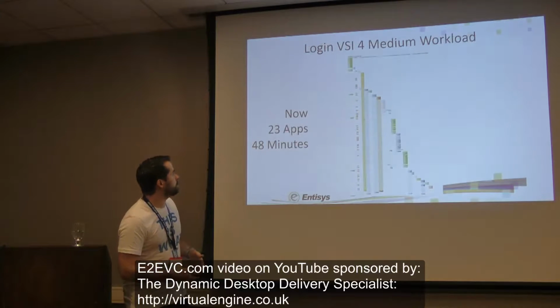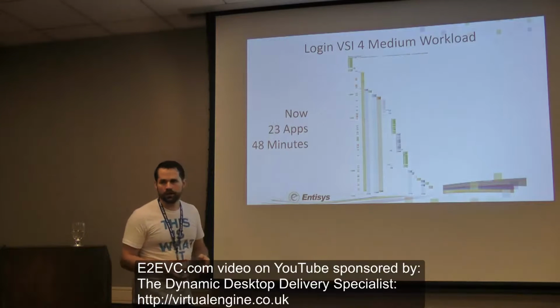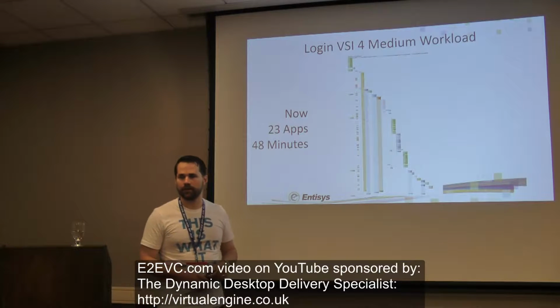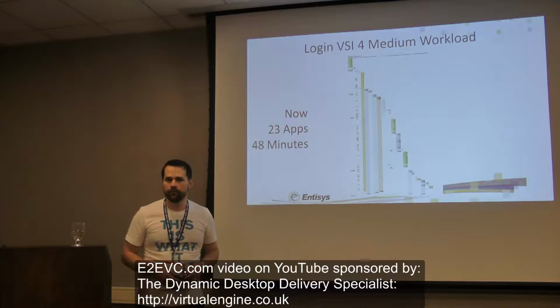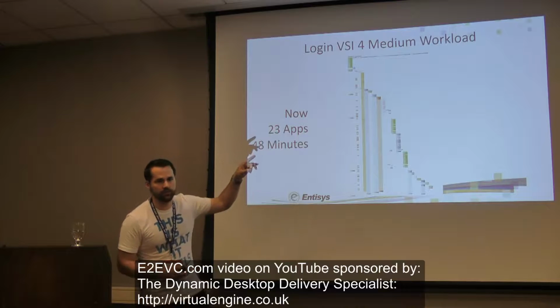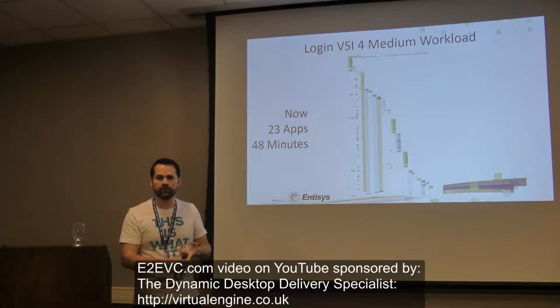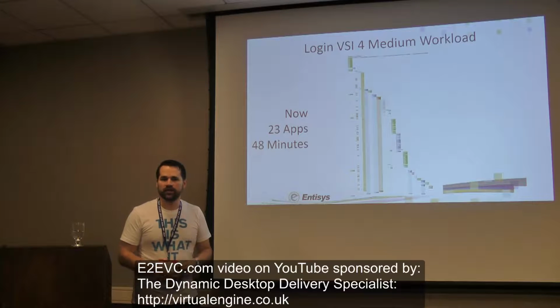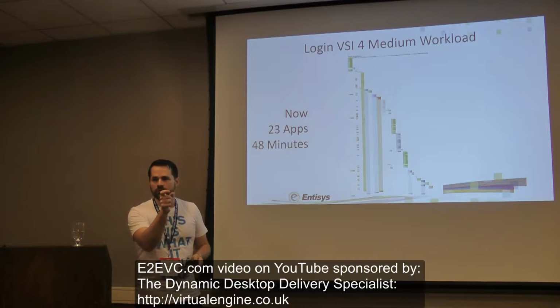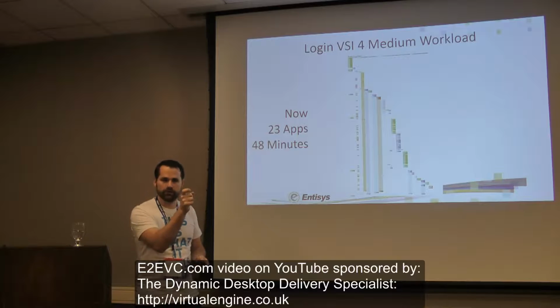All right? So many know that the Login VSI workload has changed dramatically from 3 to 4. The new medium is more like the old heavy. So if you've looked at any reference architectures from Cisco or HP or Dell or any of those, it's very important to note what version of heavy they were using, what version of medium they were using.